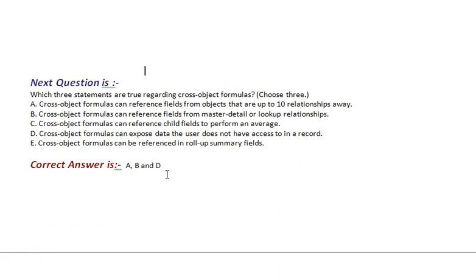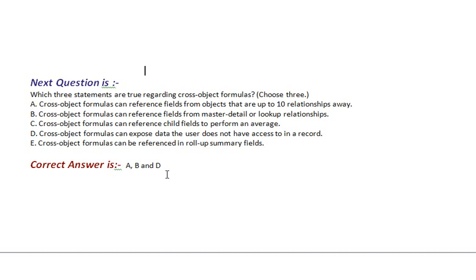Our next question is, which three statements are true regarding cross-object formulas? Choose three. Option A, cross-object formulas can reference fields from objects that are up to 10 relationships away. Option B, cross-object formulas can reference fields from master-detail or lookup relationships.